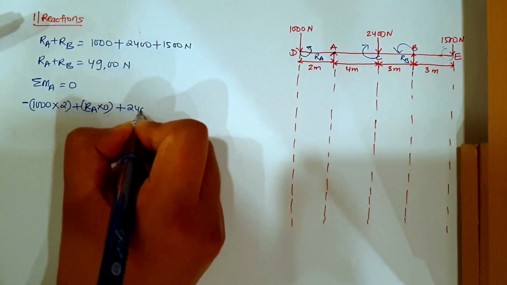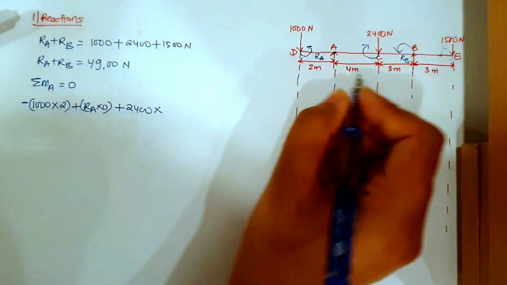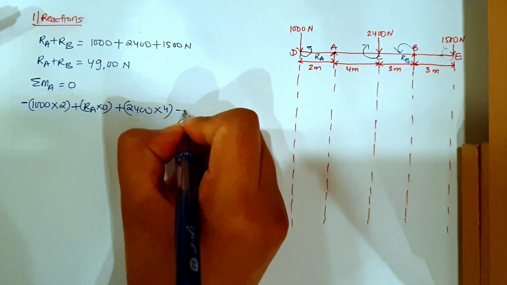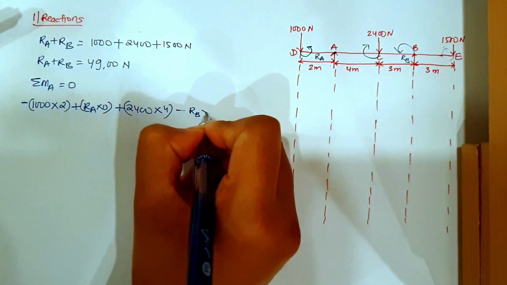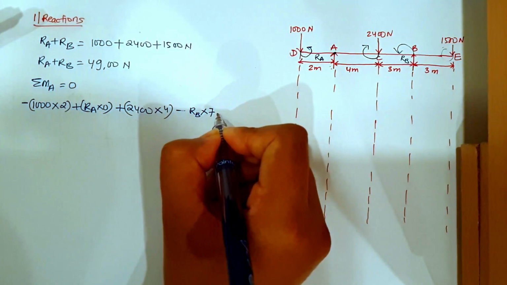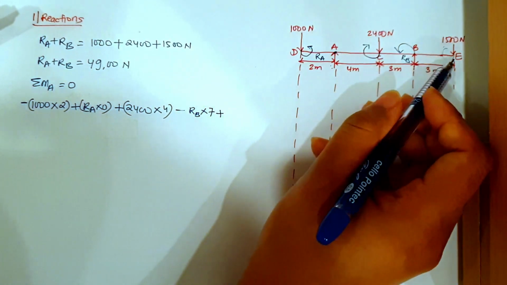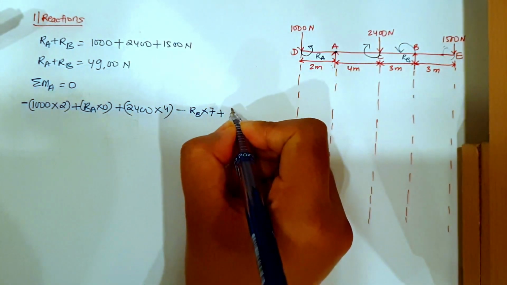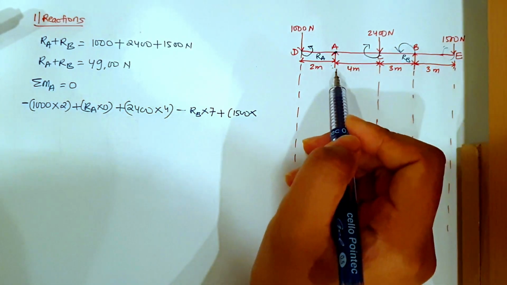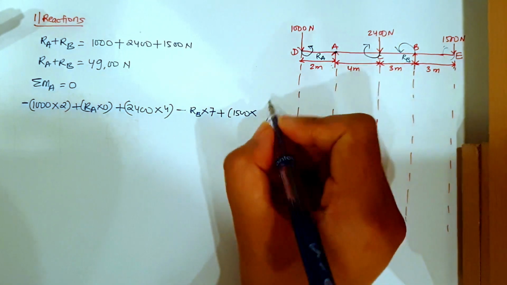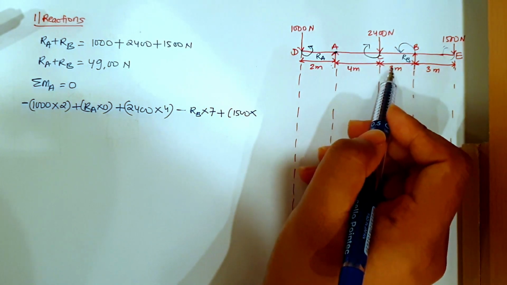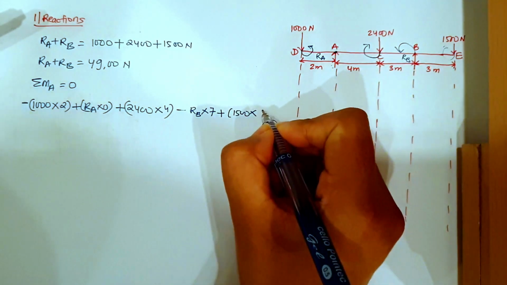So plus 2400 into distance from C to A is 4 meter, minus RB into distance from B to A is 7 meter, plus, since it is going in a clockwise direction, 1500 into distance from E till A. No, not 7, it is 4, 5, 6, 7, 8, 9, 10.